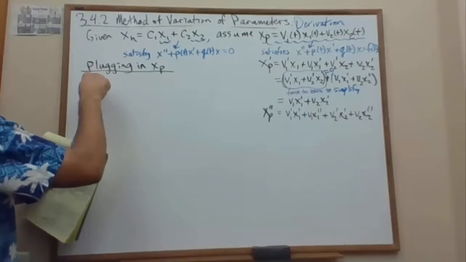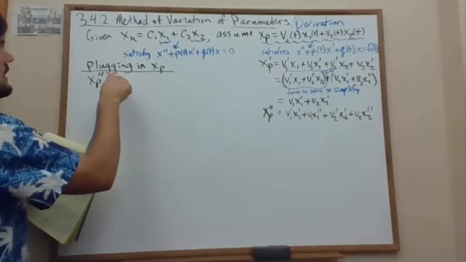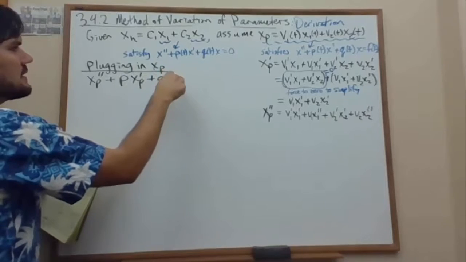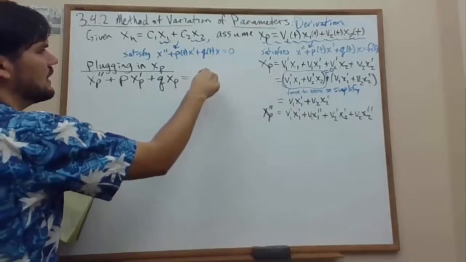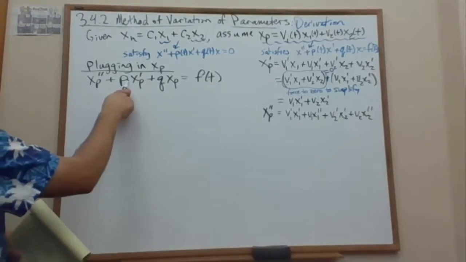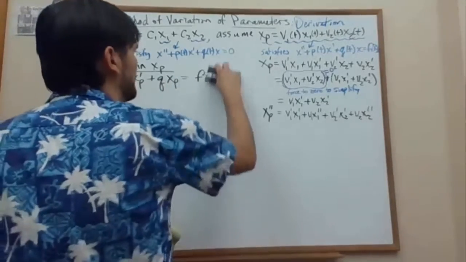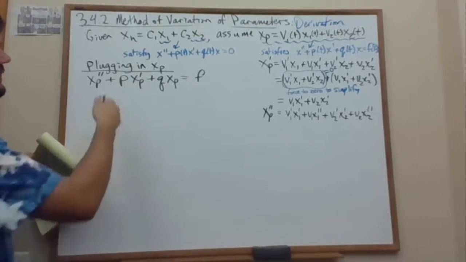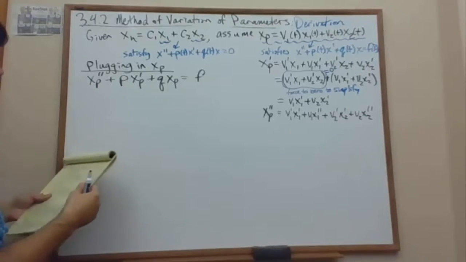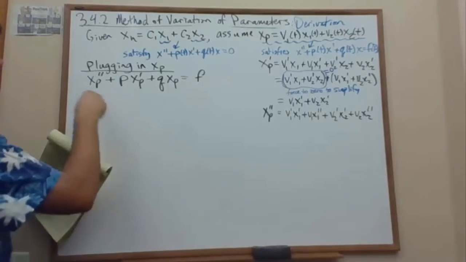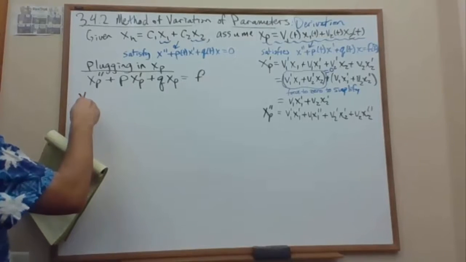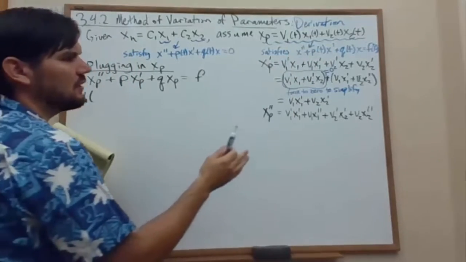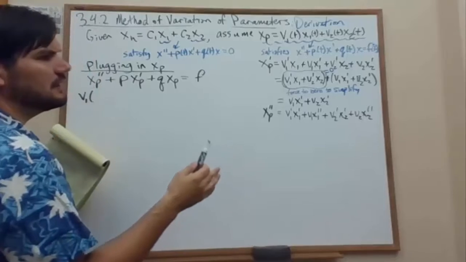So I have x_p double prime plus p x_p prime plus q x_p equals f of t. Everything's a function of t here. So I'm first going to write this in terms of the v1 terms. From all these pieces, I'm going to check to see which are the terms that are multiplied by v1.